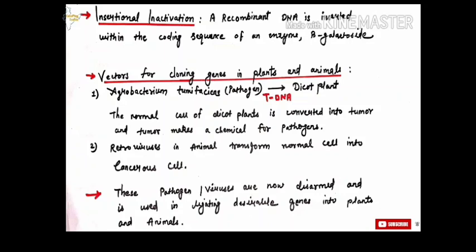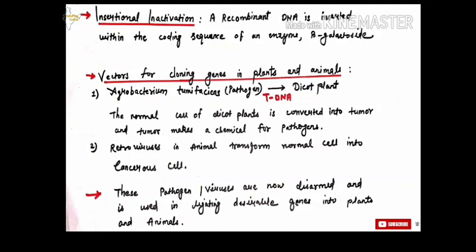The normal cell of the dicot plant is converted into a tumor, and the tumor cells then make a chemical that is useful to this pathogen.